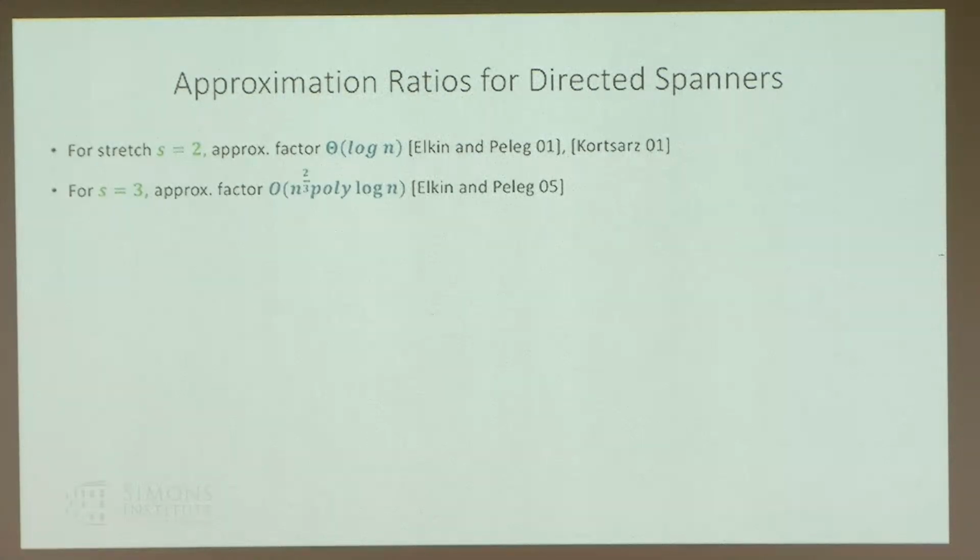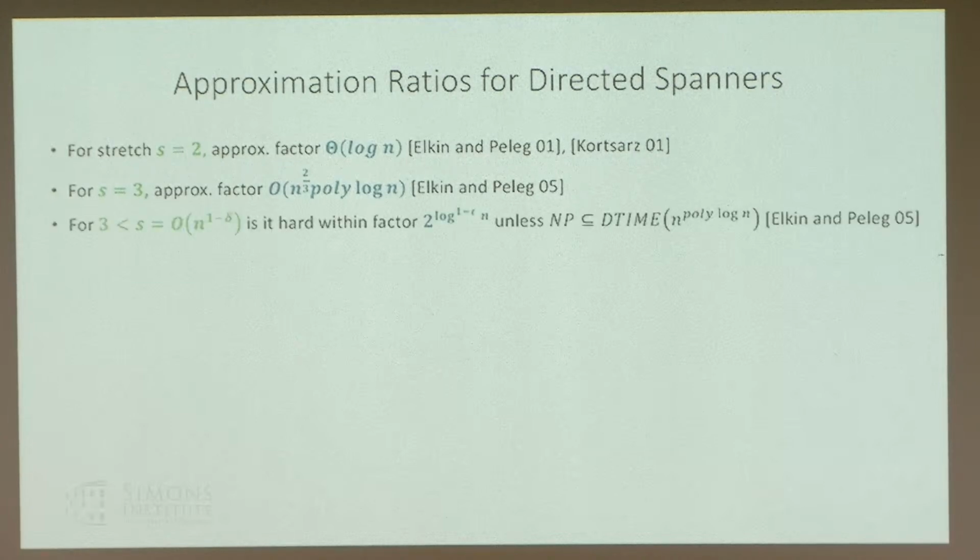For stretch 3, initially there was an n to the 2/3. This is the sublinear thing here, the approximation ratio. It is hard for larger stretches. It's hard to approximate within a factor of 2 to the log to the 1 minus epsilon.